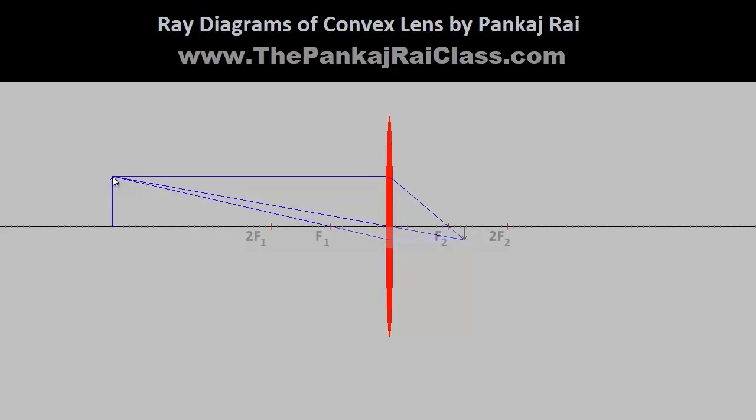So this is the second ray diagram, which says when the object is beyond 2f1, the image is between f2 and 2f2.